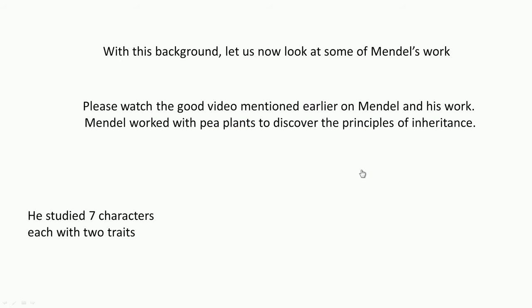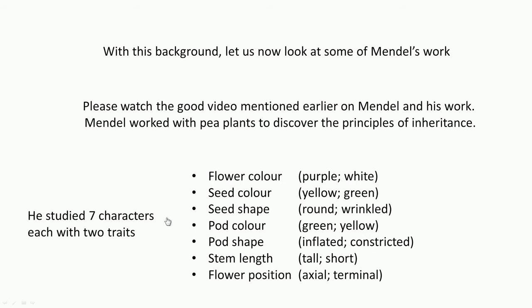Coming back to Mendel's work, Mendel studied 7 characters, each of which had 2 traits. The characters that he studied were flower color, seed shape, pod color, pod shape, stem length, and the flower position.